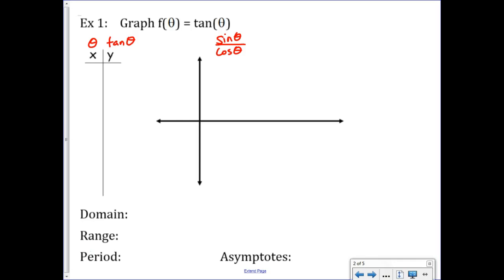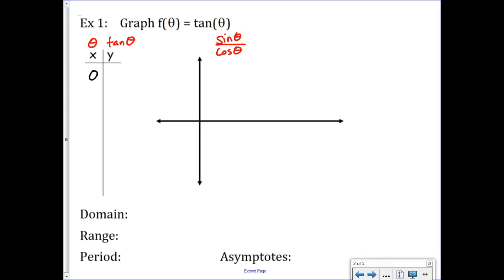So as we are taking a look at graphing, this one is going to be a little different than sine and cosine. So let's start at 0 here, and I'm going to see what happens at 0.